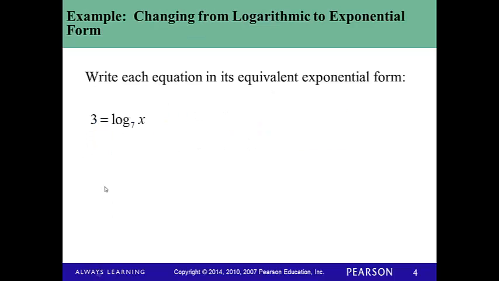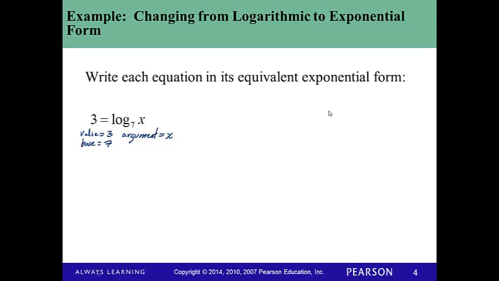Here are some examples. So we have 3 equals log base 7 of x. And what we're going to do is write that in equivalent exponential form, which means we need to pull out what's the value, what's the base, and what's the argument. Well, the value is 3, the base is 7, and the argument is x.